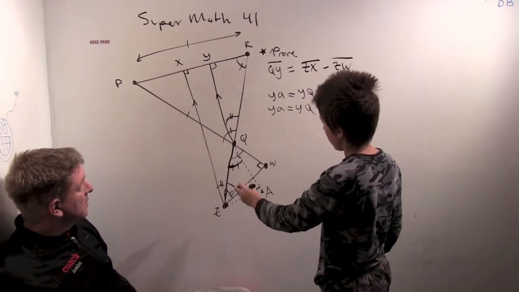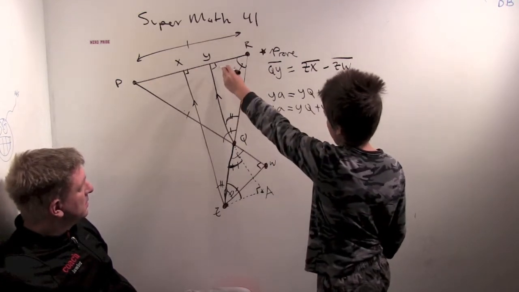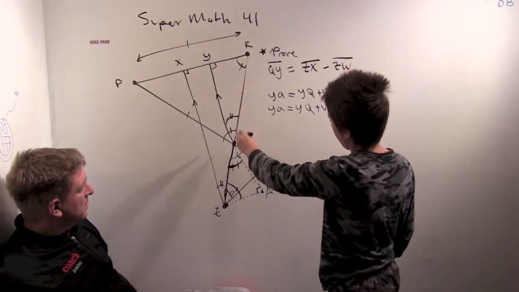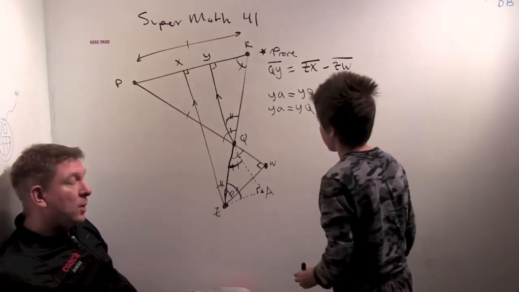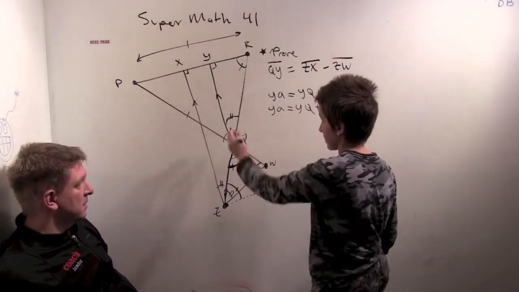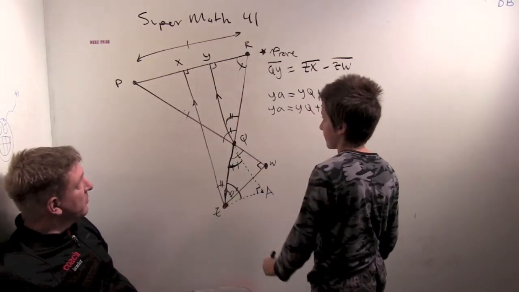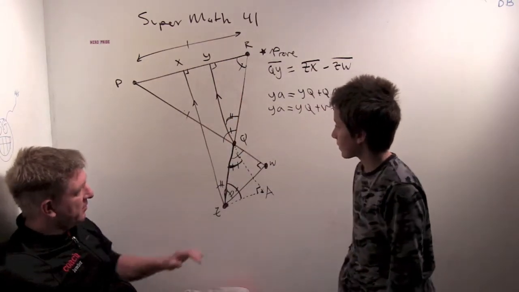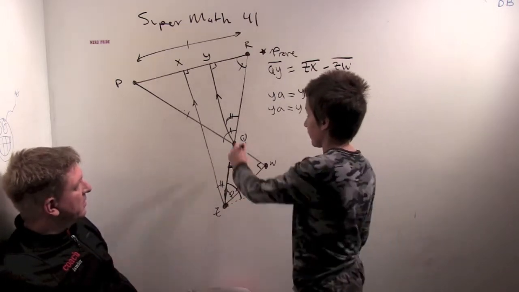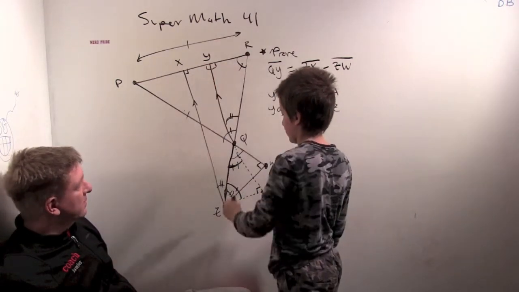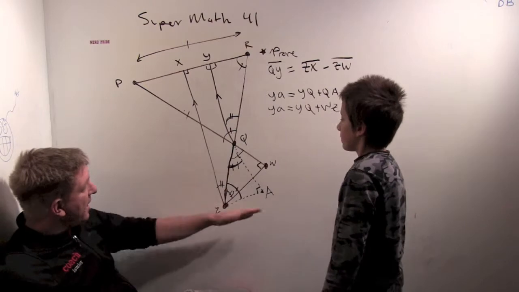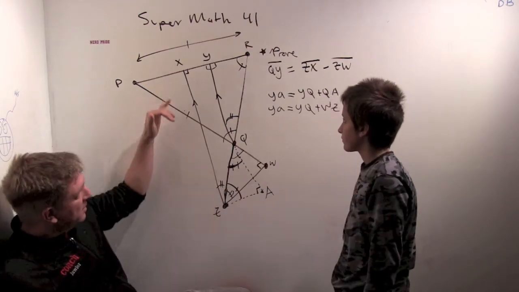And YA is XZ. Why is that? Because these lines are parallel. And what shape did we make when we drew this right angle in here? We made a rectangle. So YA is equal to ZX.